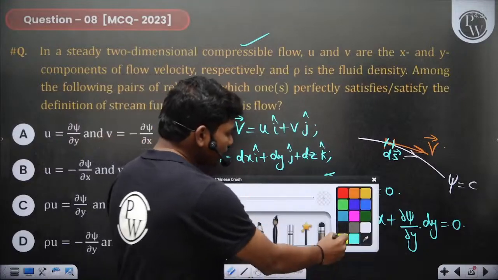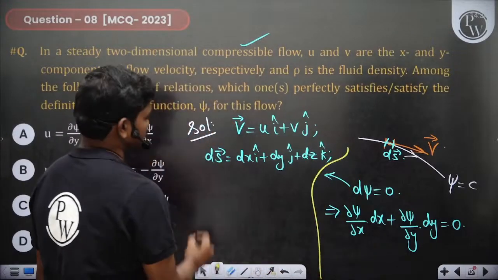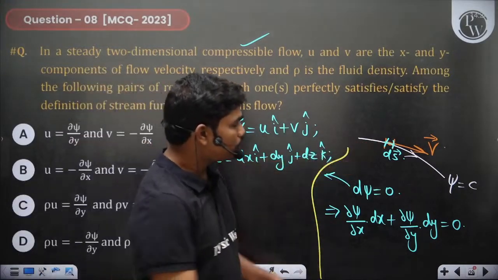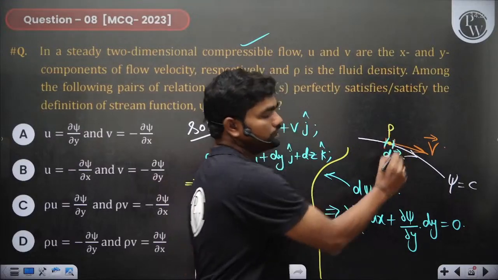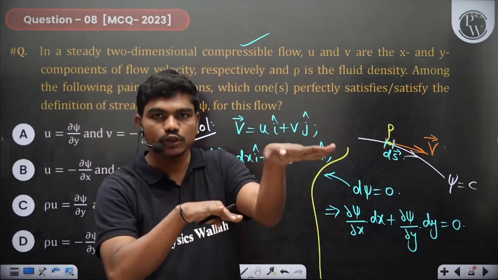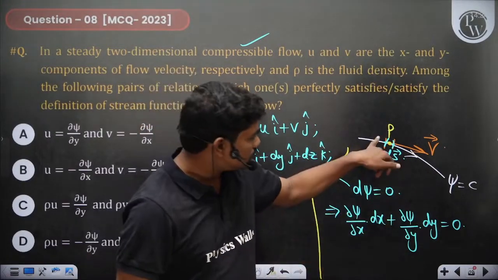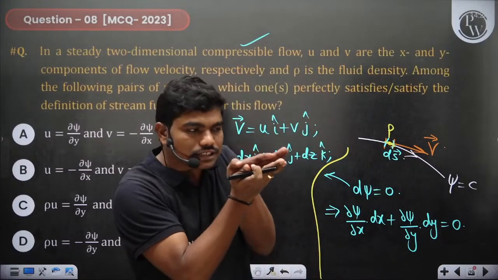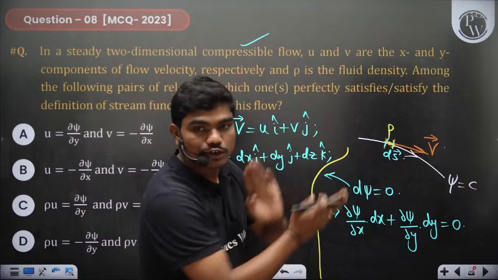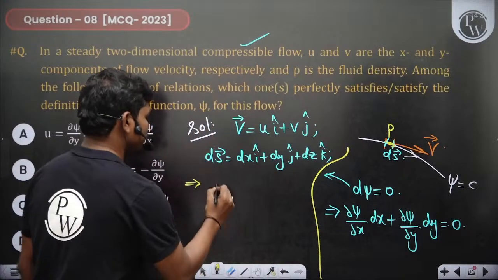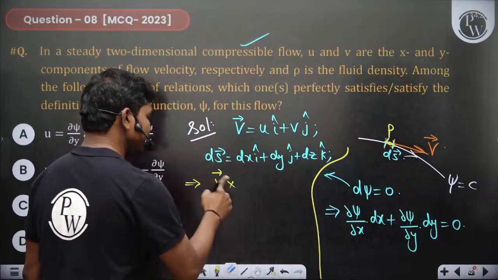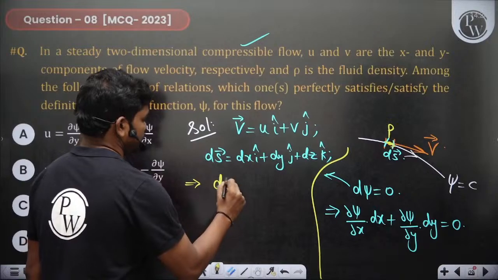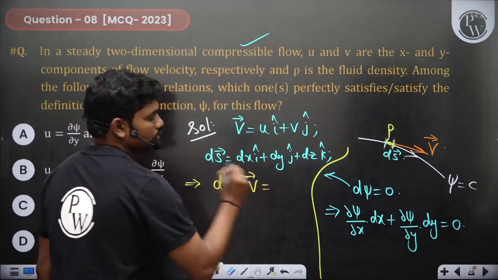Velocity at any given point P is always tangent to the stream function. Correct? If this v and this ds are tangential, what should be the cross product of v and ds? What should be this value?